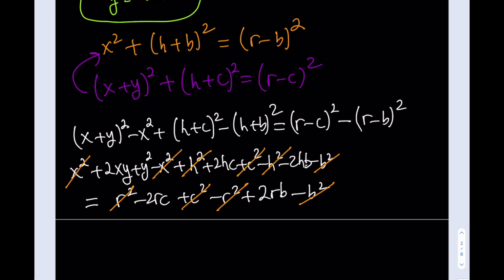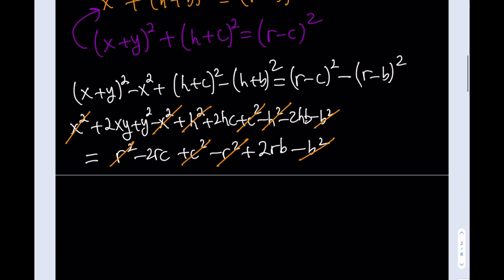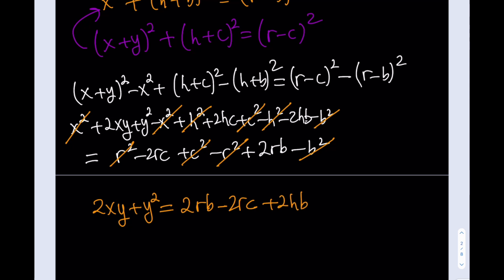So here's my plan. I'm going to keep this expression on the left, and everything else I want to put on the right-hand side. What do I already have on the right-hand side? I have the 2rb − 2rc, and I'll just bring over + 2hb − 2hc. Beautiful. But this is going to get more beautiful.